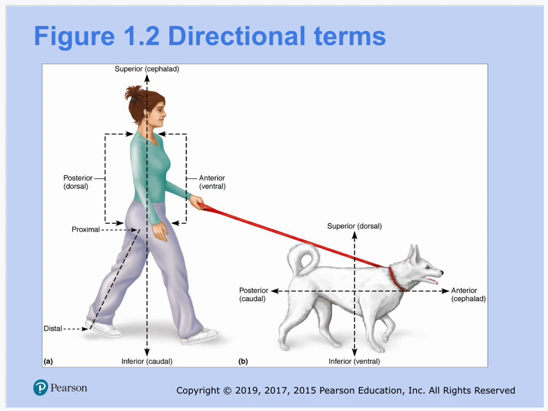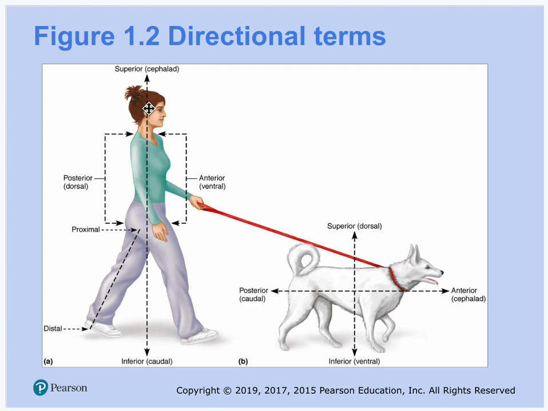In addition to the regions on the body, we need to be able to talk about directions. So the front surface of the body is the anterior or ventral surface. The back surface is the posterior or dorsal surface. In quadrupeds, it's slightly different, but we're studying human anatomy here, so we are going to focus on the human directional terms.